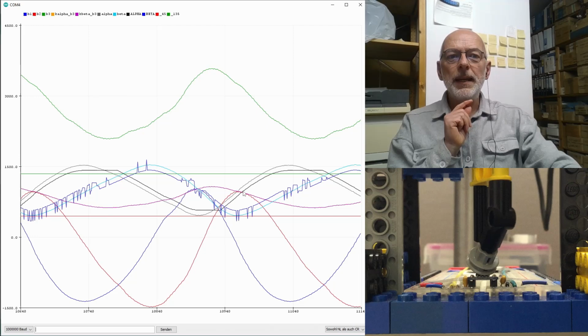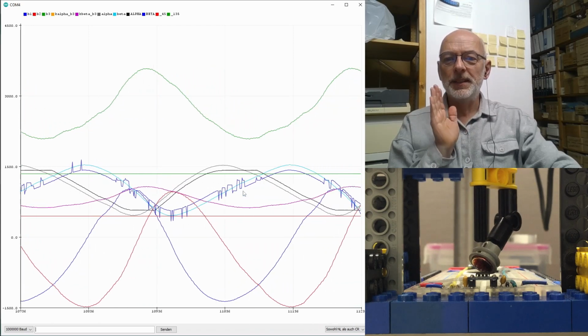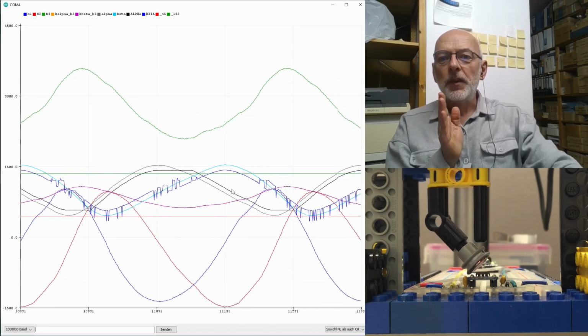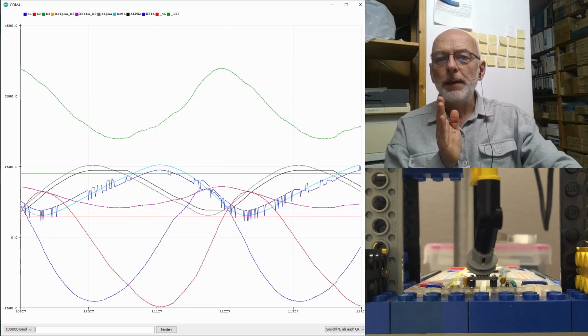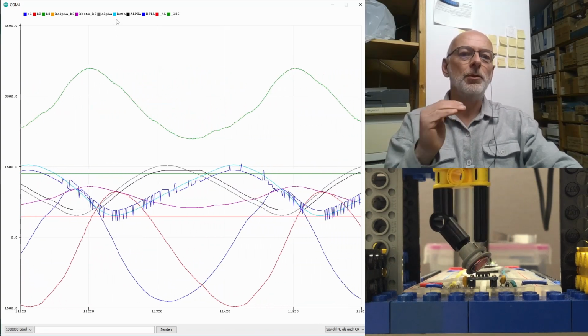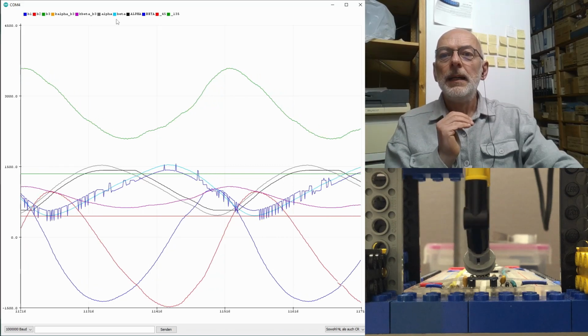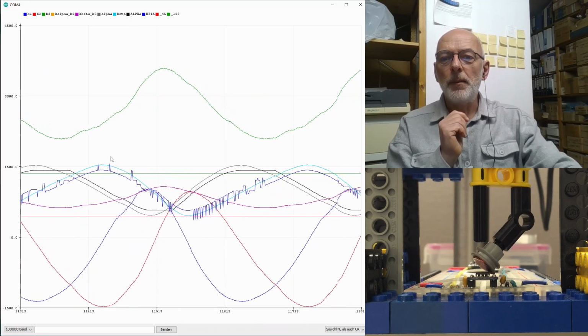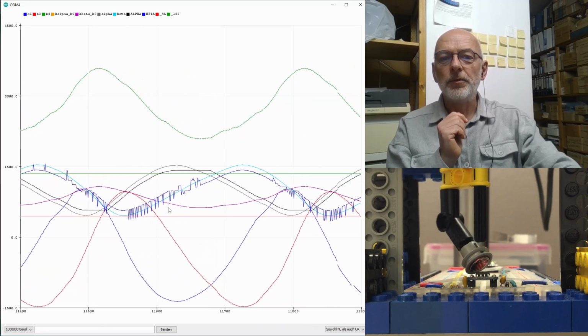And again, the FHYST parameter does something. So we have here in light blue and dark blue, light blue our own calculated beta angle, and dark blue the beta angle returned from the chip.